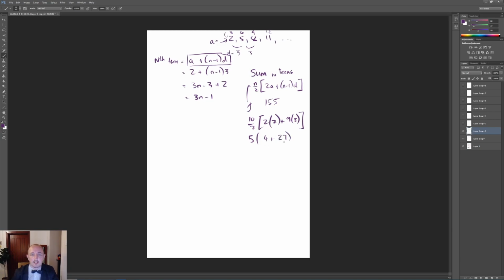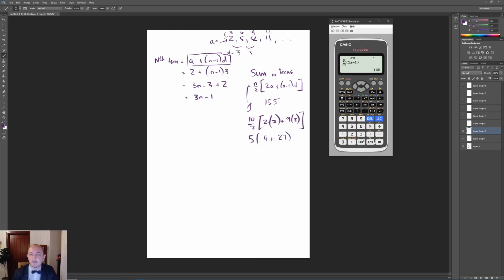So that's 31 times 5, which is 155. So the sum button has checked that for us and made sure that we've got our answer correct. We haven't made any mistakes using this formula in the exam. So that's quite useful as well.